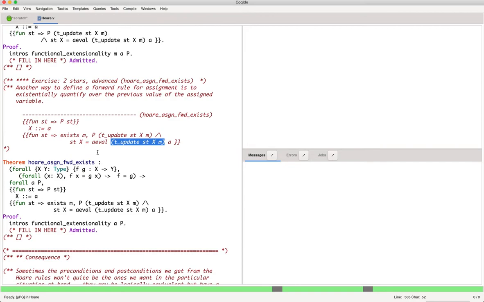So in many applications, starting with the postcondition and working backwards is just what you want. Okay, so that's the assignment rule. I'll stop there and pick up in the next part with some more rules.